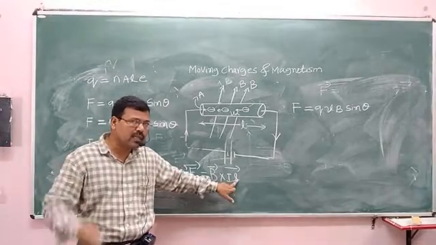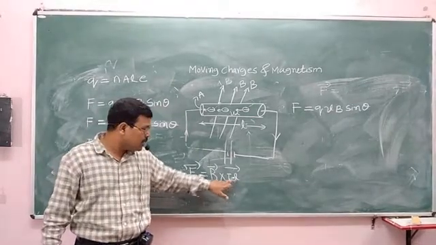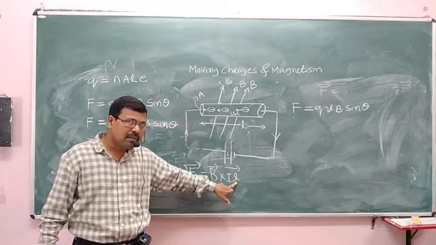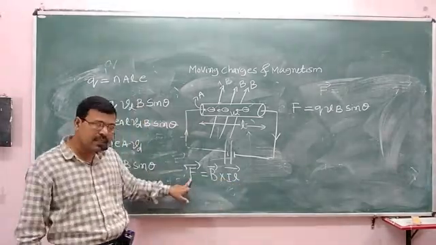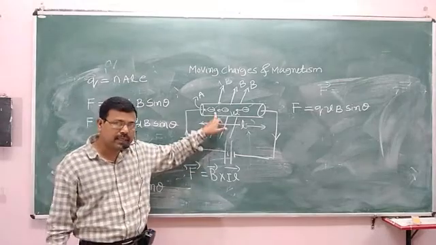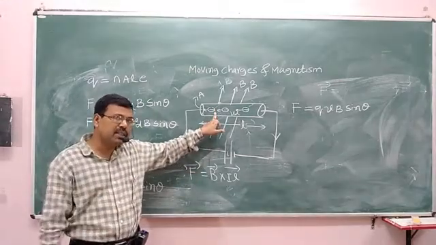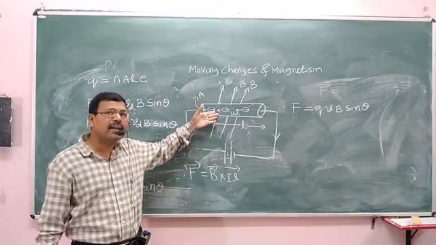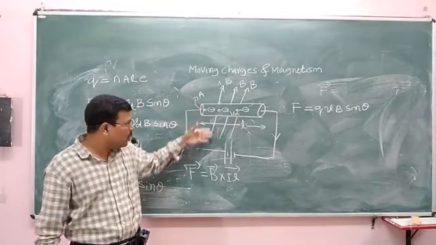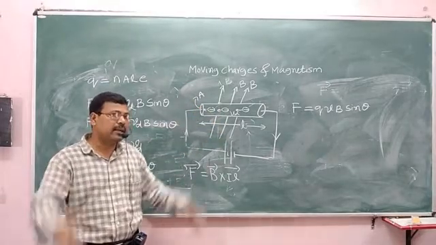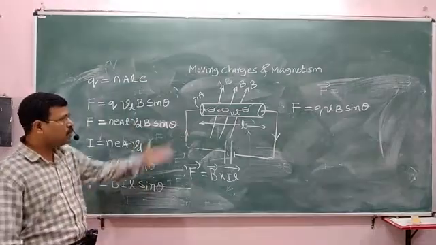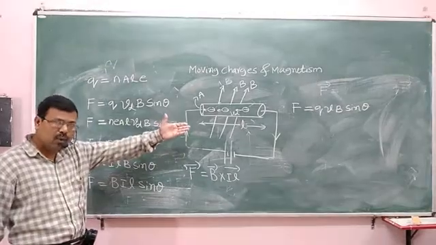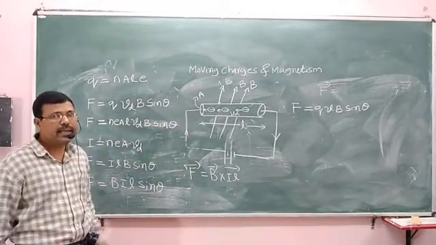I into L is known as current element. So B cross IL is BIL sin theta. So what is this? This is the magnetic force experienced by the entire current carrying conductor when it is kept in the magnetic field. Fine. So this completes the force experienced by current carrying conductor.